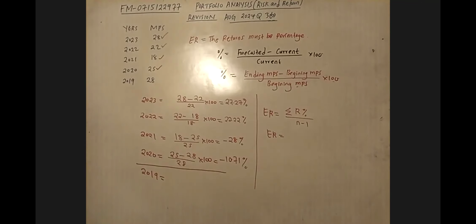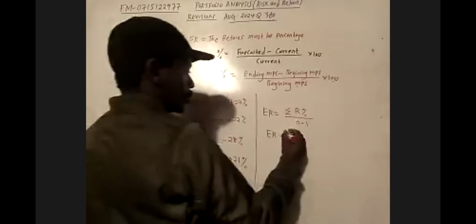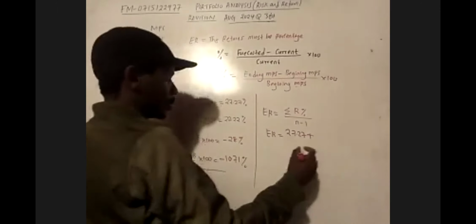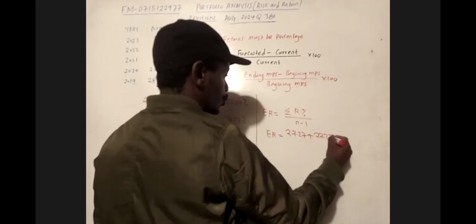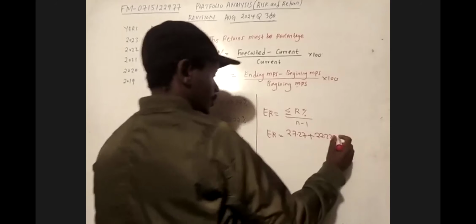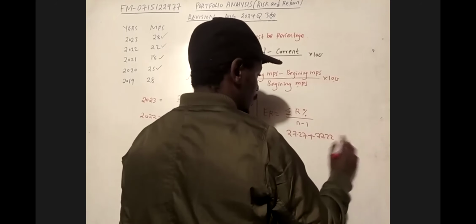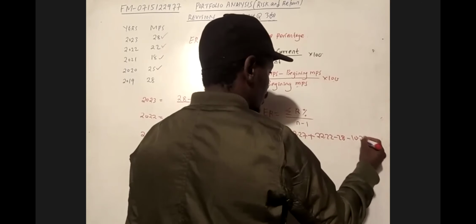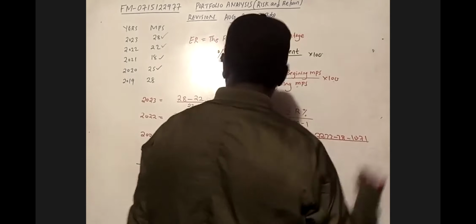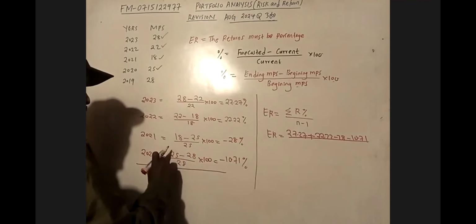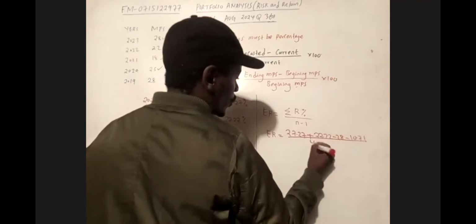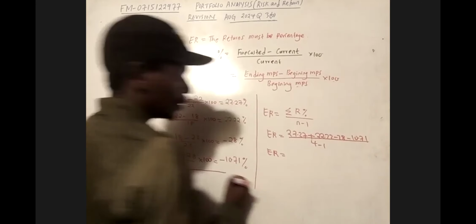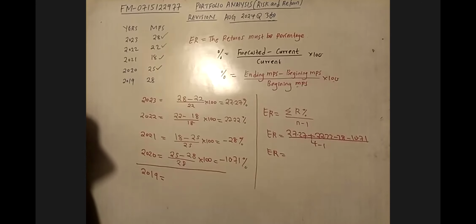So 27.27 plus 22.22 plus minus 28 minus 10.71. What is n? 1, 2, 3, 4. So 4 minus 1. Or do we divide by 4 alone without minus 1?